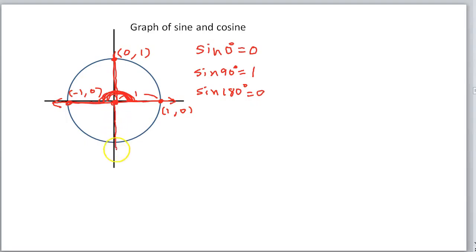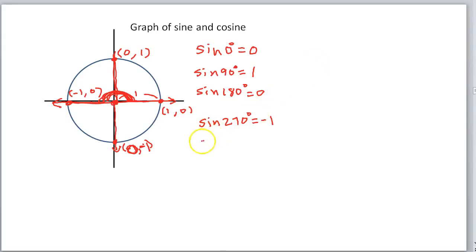Okay, next up, 270 degrees. Think about what this coordinate is. It's 1 this way, negative 1, and it's on the y-axis, so x coordinate is 0, and the y coordinate is negative 1 because you're going 1 down. Okay, so you have sine of 270 degrees equal to negative 1.